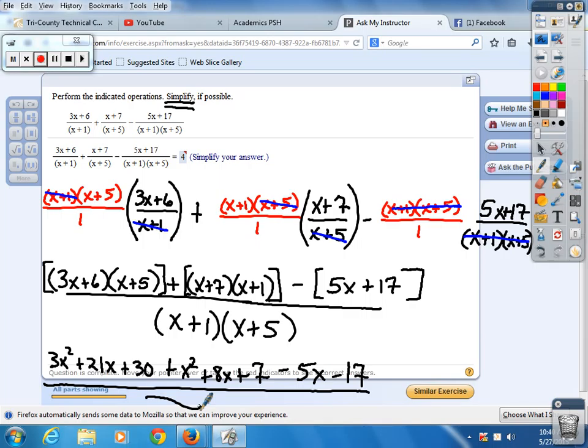Okay. Pay attention, please. All right, 3x squared plus x squared is what? 4x squared.